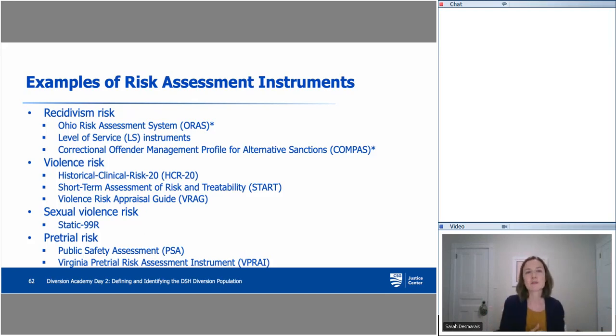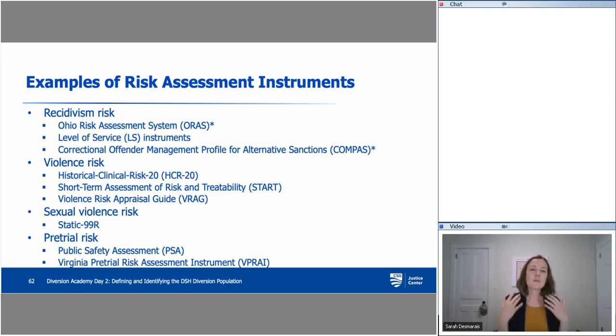And then we have instruments that are more specific, so we have subsets of tools that focus specifically on sexual violence or specifically on domestic violence. And then finally, bringing back, as Katie mentioned, the tools that are focused on pretrial risk. What I wanted to mention about the pretrial risk assessment tools is that they're quite typically narrowly focused on outcomes during the pretrial period, meaning from the time of arrest and pretrial release through to the end of the case disposition.